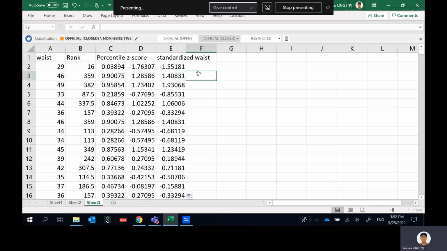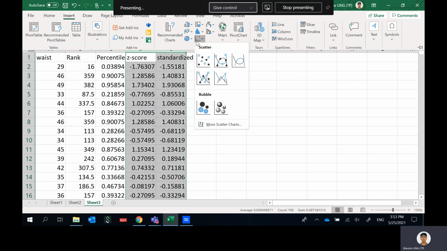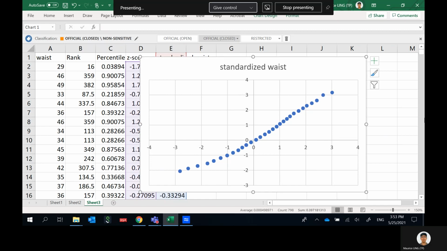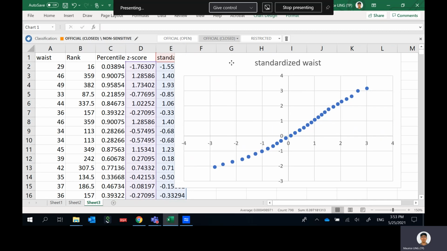Then the next step is to plot column B, your z-score, and the standardized waste into a scatter plot. Column D and column E, you plot it into a scatter plot, you get this. D then E.